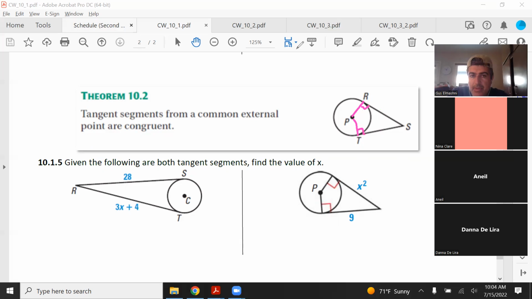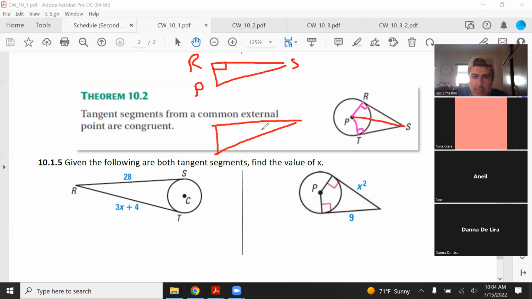Because then you would draw this, and what's going to happen is that here's triangle PRS, and here is triangle PTS.